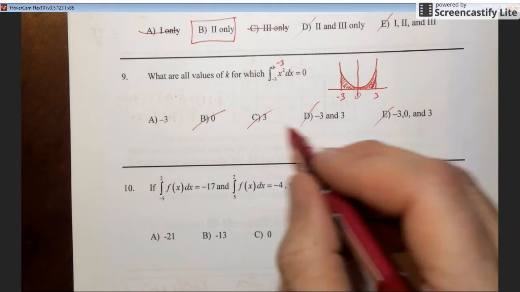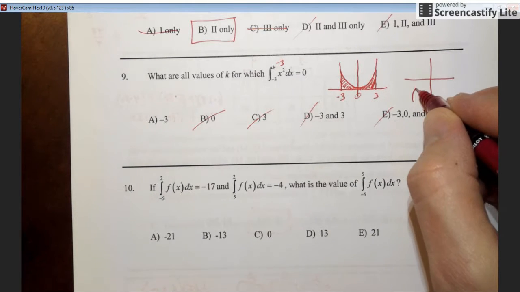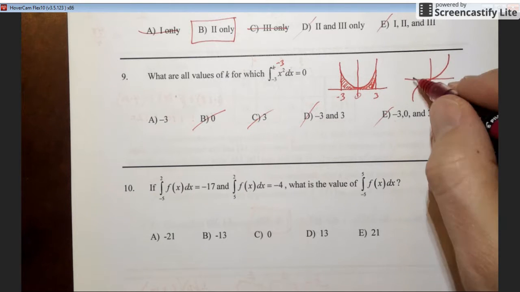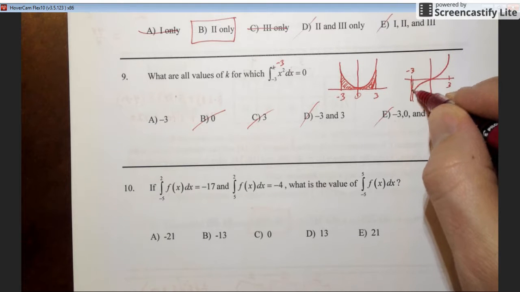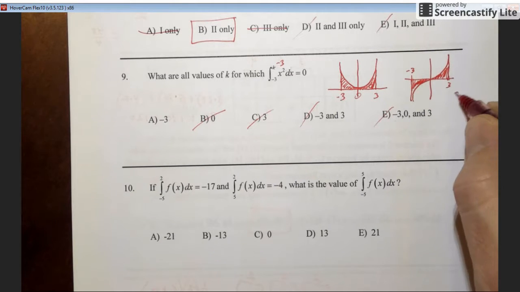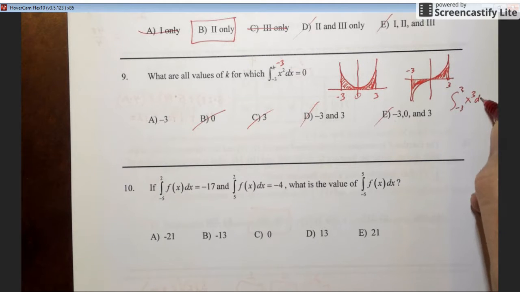The reason why they put these confusers in is because if we have a situation where we have the function x cubed, well, now the integral of x cubed from -3 to 3 would be equal to 0. The integral from -3 to 3 of x cubed dx is equal to 0.